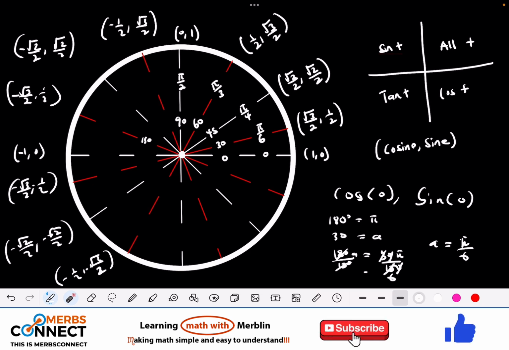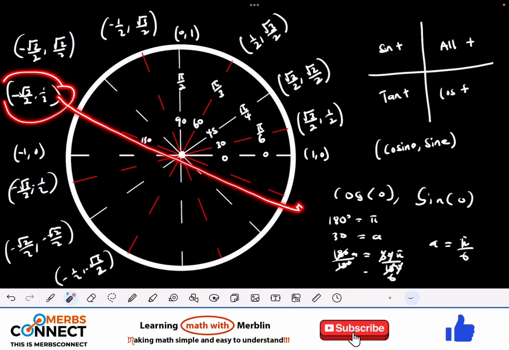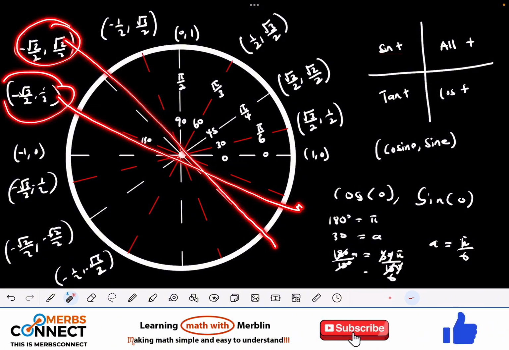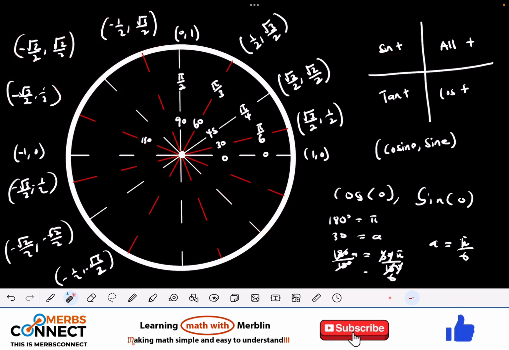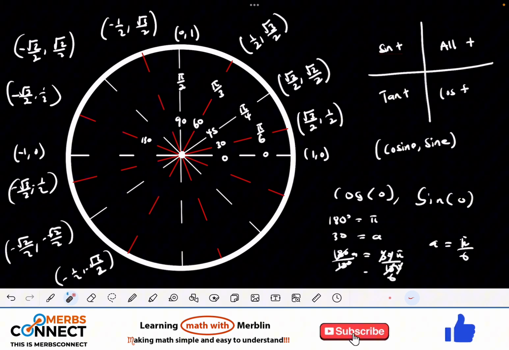Then the next thing that I need to do is look at this one and also take this and place it here, right? Take this and place it here. Take this one too and place it here. But the only thing here is that in the fourth quadrant, cos is what? Positive. So all the cos components are going to be positive, but the sine component is going to be what?